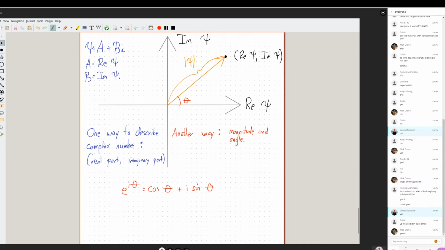Because what this means is that there is another way I can write this complex number.